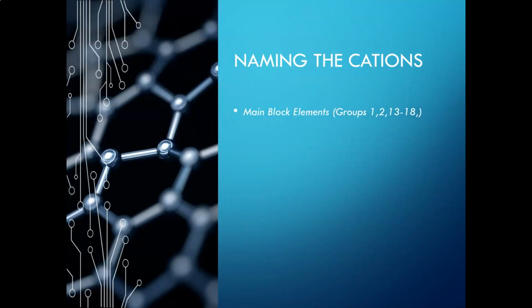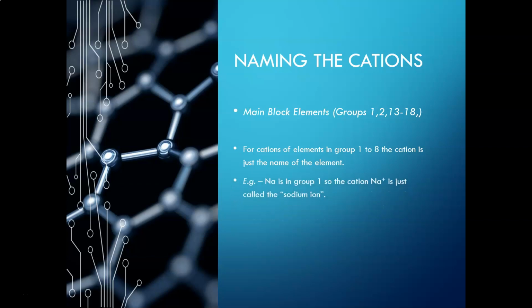It's just a little bit more to that. Okay, our main block elements, groups 1 to 13 to 18. For cations, the elements in group 1 to 8 is just the name of the element. So for example, Na is in group 1, the cation is Na+, so it's just a sodium ion.